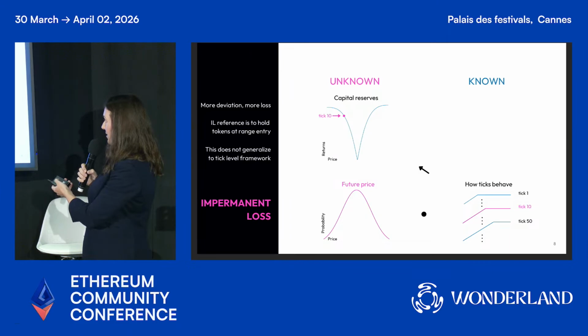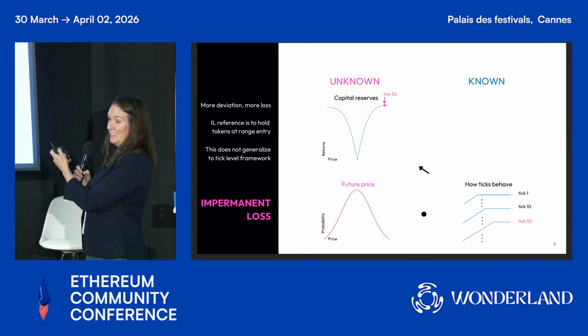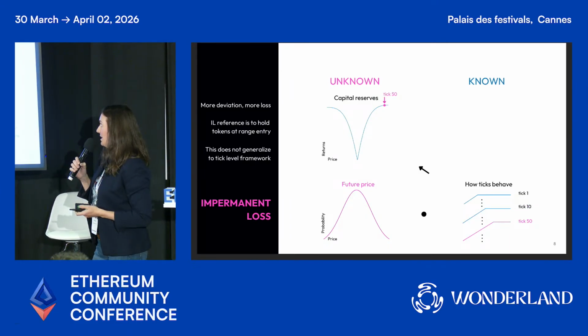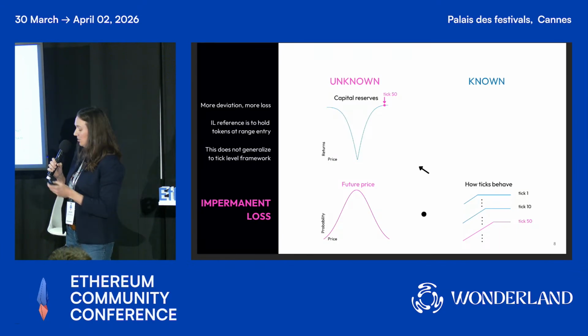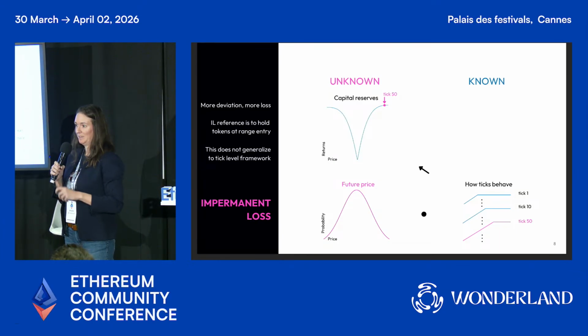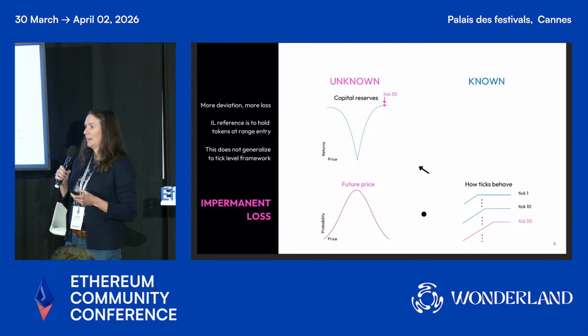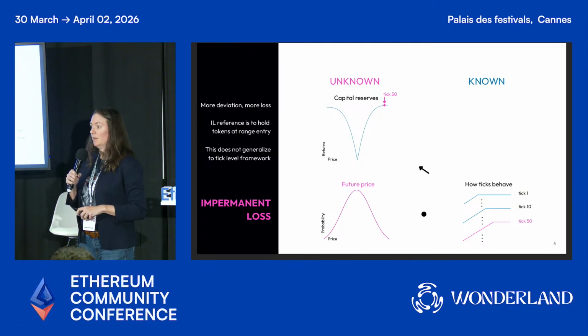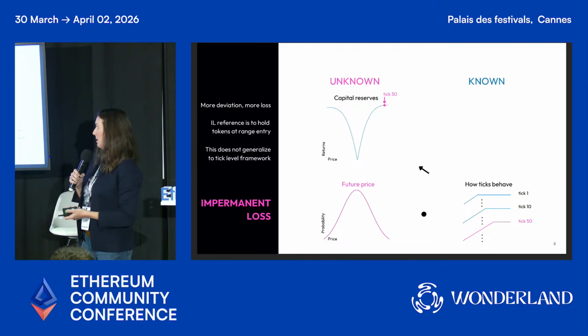I can calculate this for every tick individually, and that gives me this capital reserves curve. At a high level, capital reserves are the value of my investment, of my capital, in each tick, in expectation when I close out the LP position.